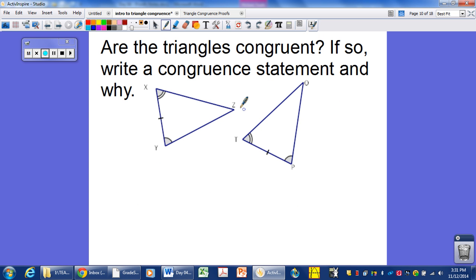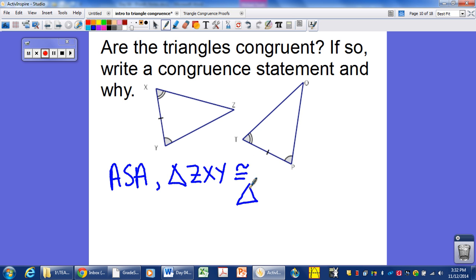Okay, these triangles are also congruent. So let's see, we have 2 angles and the side in between them, that means it's angle, side, angle. 2 angles and the side is in between them, ASA. So let's go with ZXY. Sure, why not?